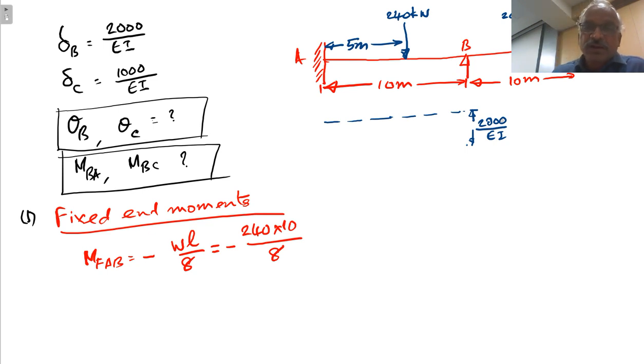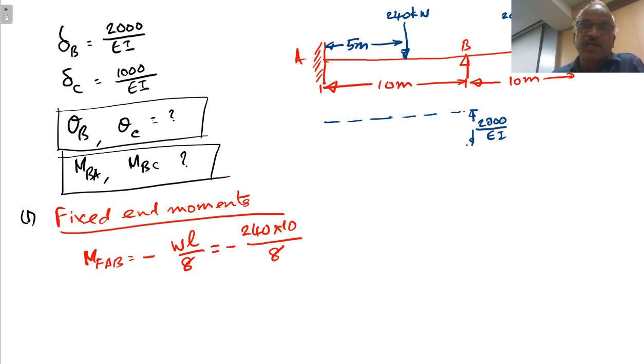Now, in the derivation of the slope deflection equation, we know when you account for settlement, you should not allow rotation. We derived the slope deflection equation by assuming the beam to be fixed, then allowing theta A only, then theta B only, and then delta only.